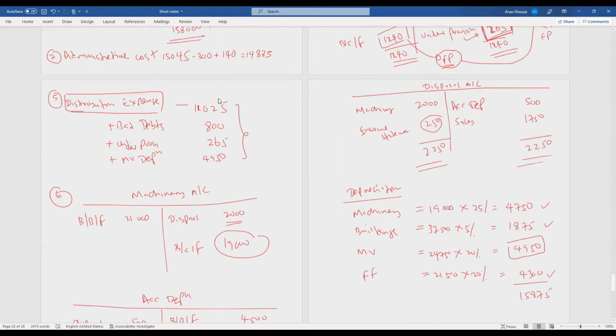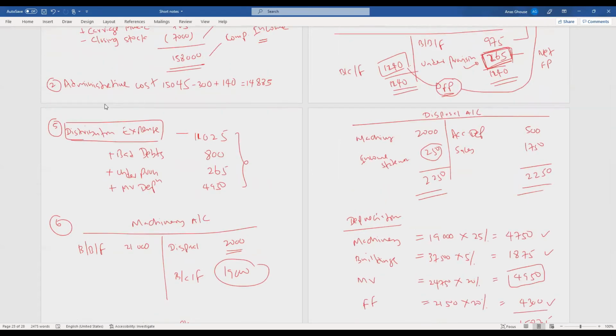And also we had administrative expenses. So you can add the depreciation part, which is 4,750 plus 1,875 plus 4,300, which is for furniture and fixtures. So that total has to be added.